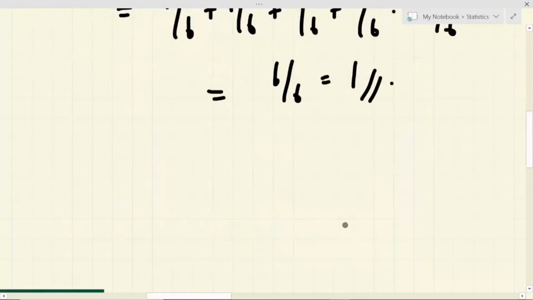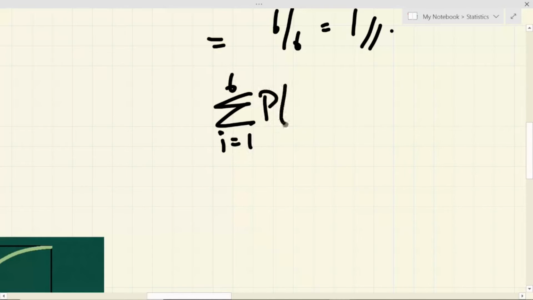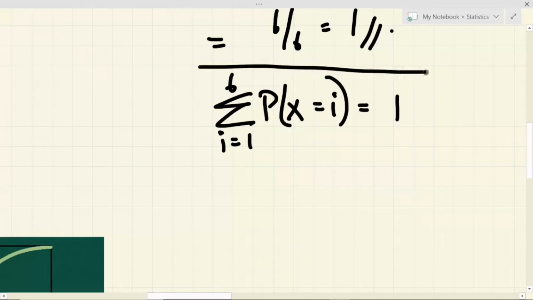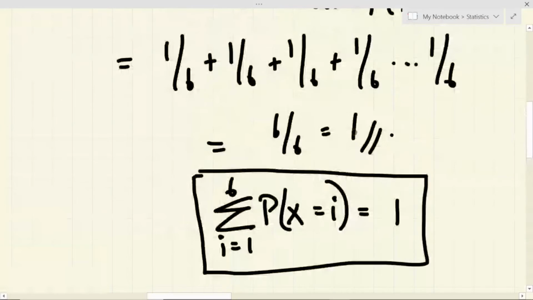So when i is equal to 1 to 6, the probability of x is equal to i sums to 1. So we can say the cumulative probability is always going to be 1.